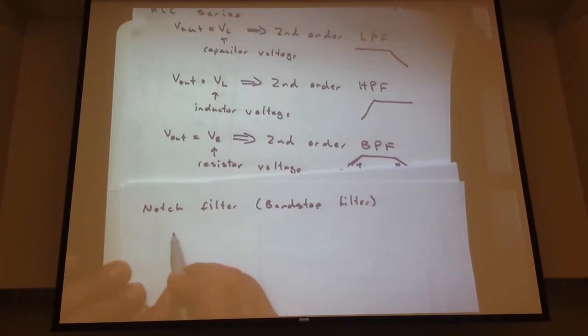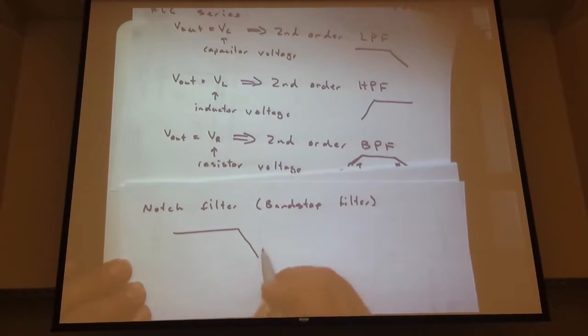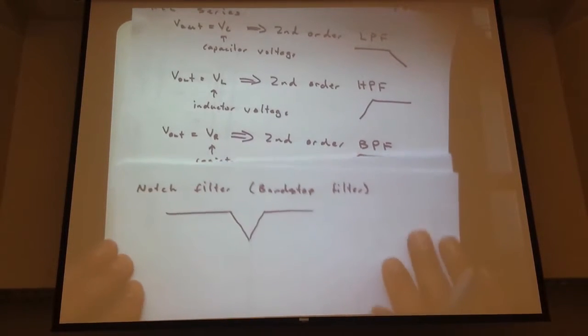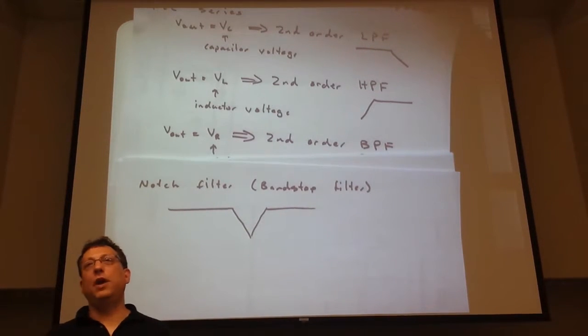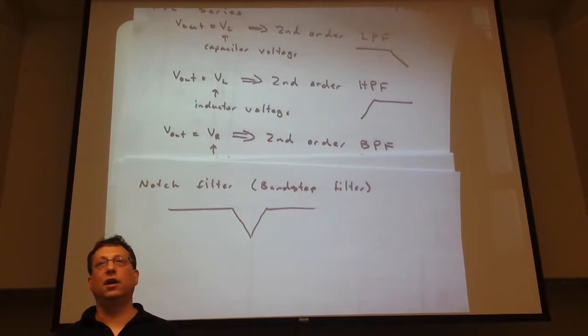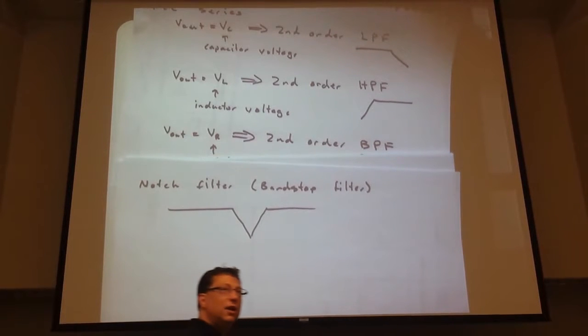And so what does that look like? Something like this. So it passes high frequency and low frequency signals and attenuates a band in between. Can we build this with an RLC series circuit? I gave away the answer earlier.